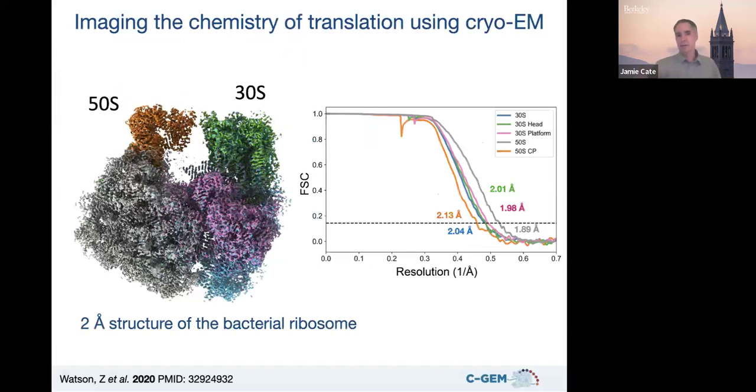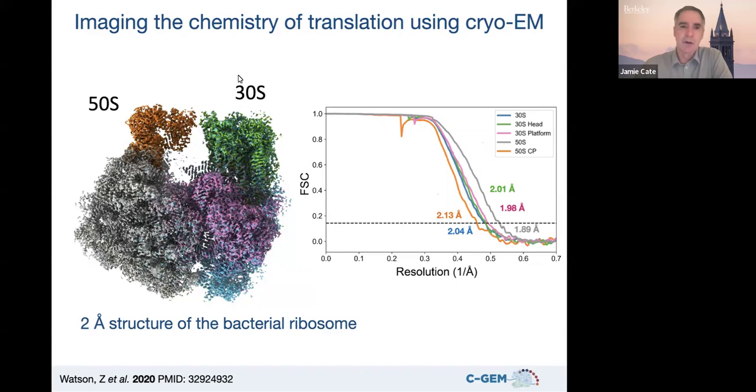So I want to take a little step aside here to tell you, how do we look at this nowadays? Instead of X-ray crystallography, we're using an approach called cryo-electron microscopy, or cryo-EM.